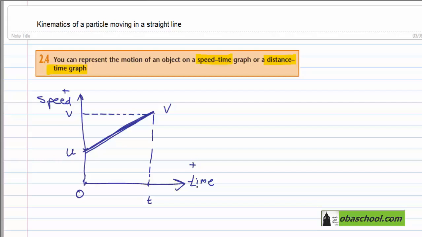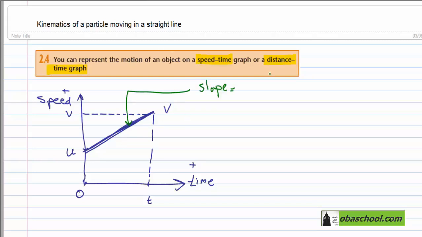So we analyze this graph as follows. At time equals 0, the initial velocity is u. Then after some time t, the velocity of the object reaches v. In addition, we can find the uniform acceleration of the object between 2 points, or the distance passed by the object between 2 points using this graph as follows. First, let's examine how we can find the slope of this straight line uv.